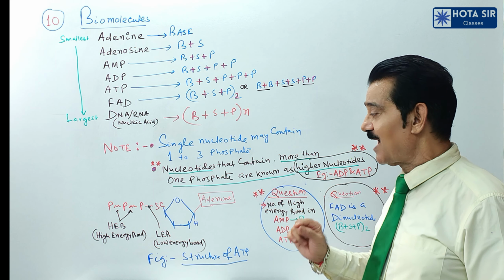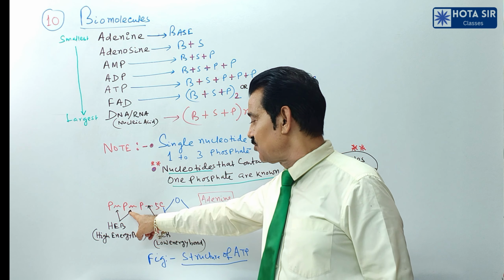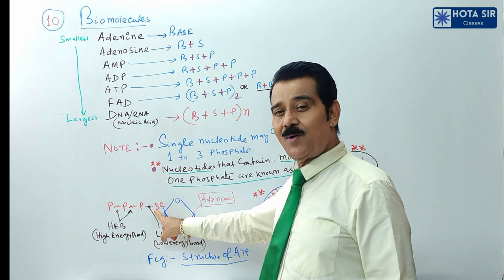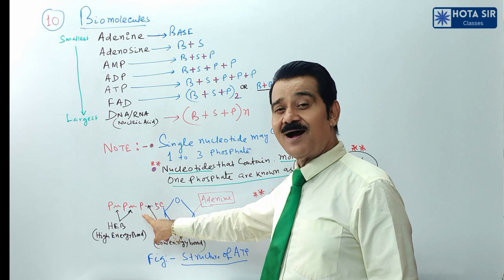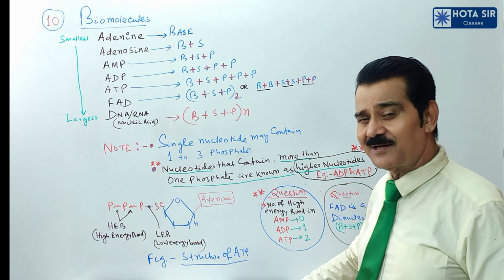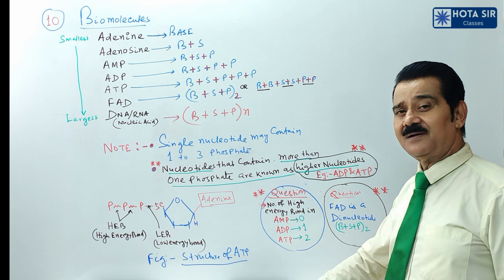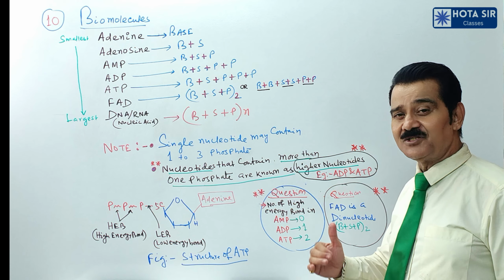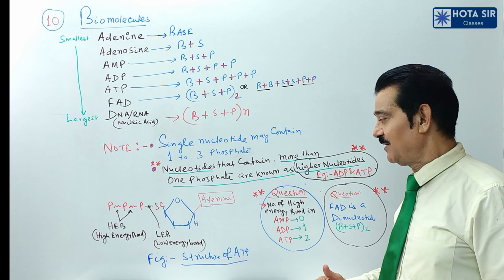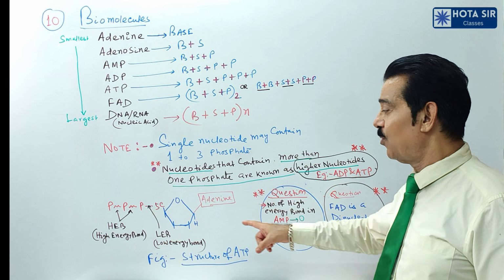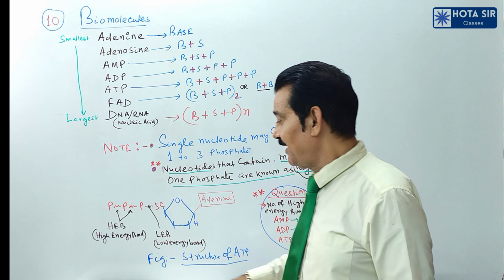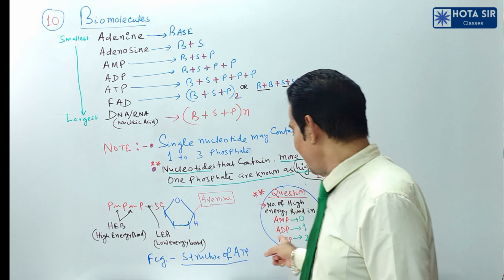ADP, adenosine diphosphate. Children, you see 2 phosphate. So here 1 low energy bond and 1 high energy bond. How many high energy bonds are present in ADP? The answer will be only 1. Clear? In ATP, there are 2 high energy bonds.